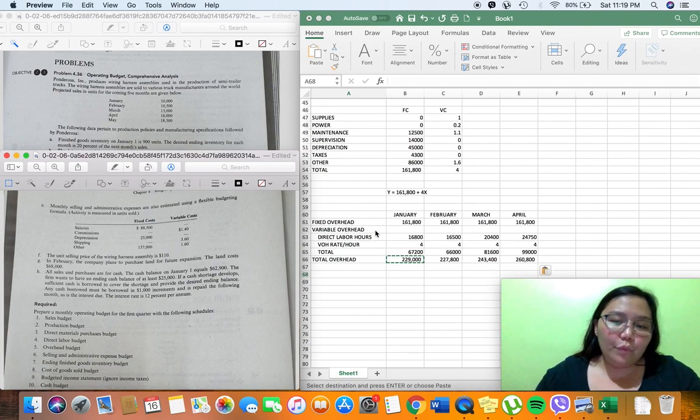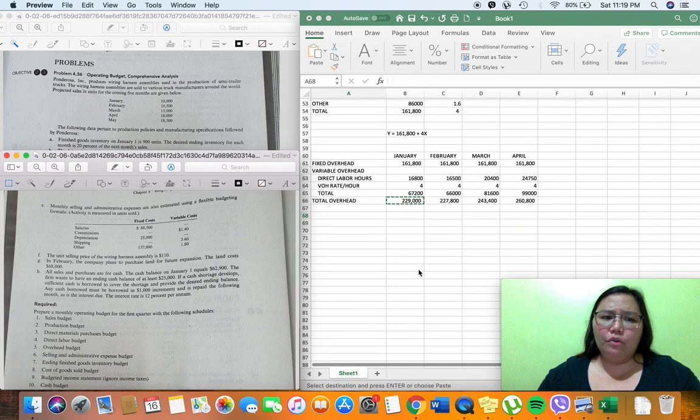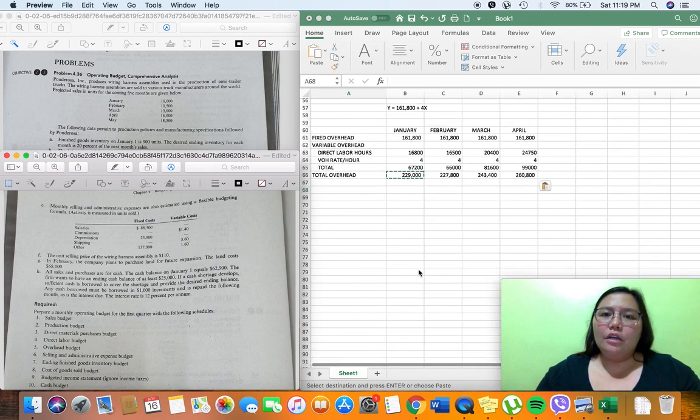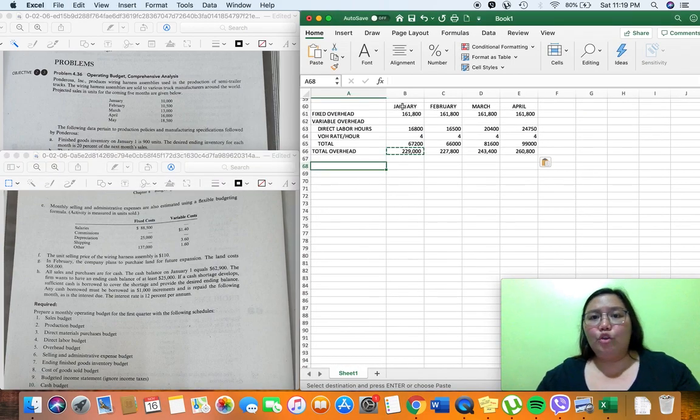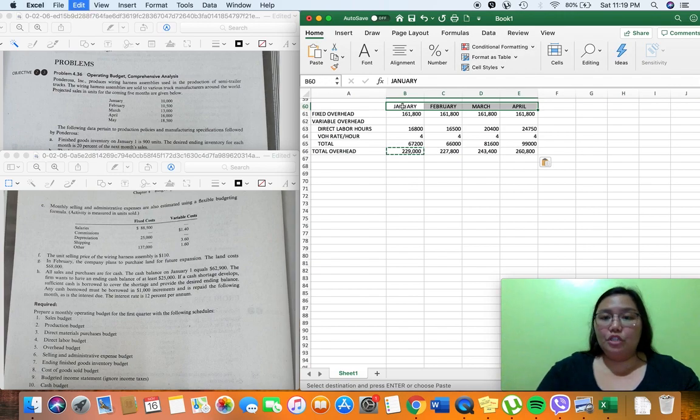But this time, we are going to prepare a flexible budget again, but the activity is measured in units sold, not the direct labor hours anymore, which is only logical because, of course, the selling and administrative expense will greatly depend on how many units we are going to sell for the period.